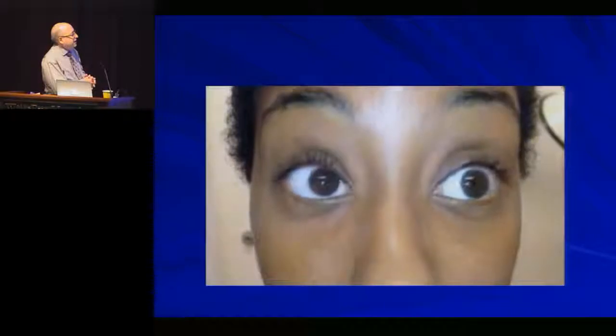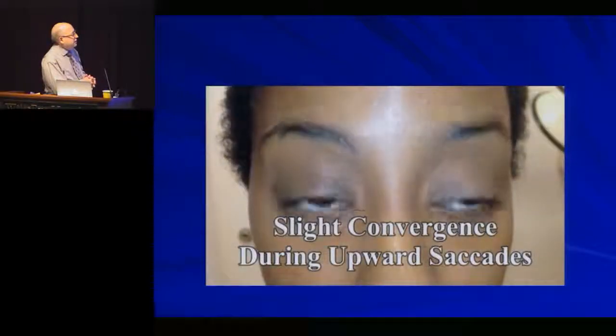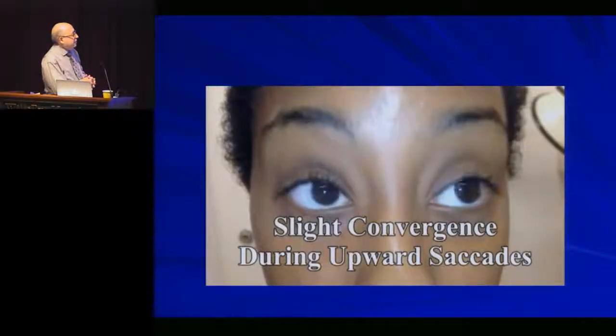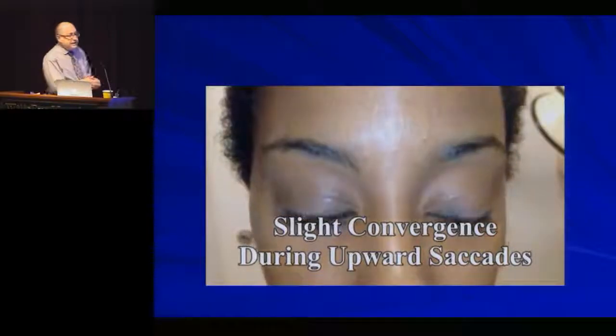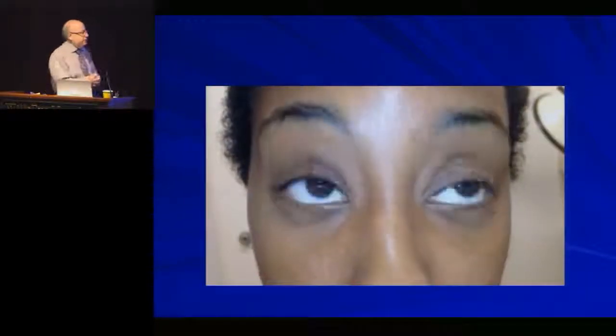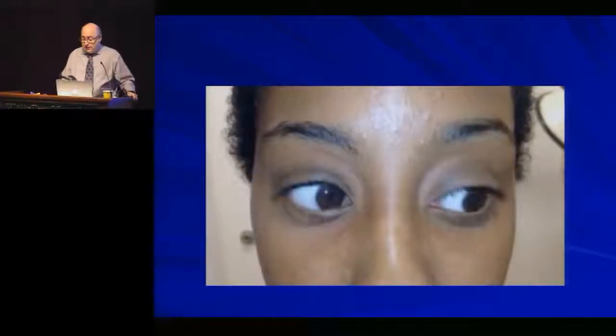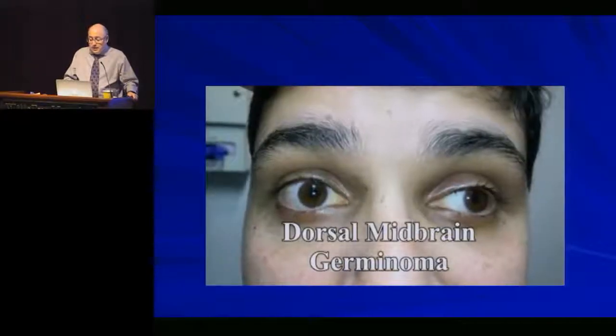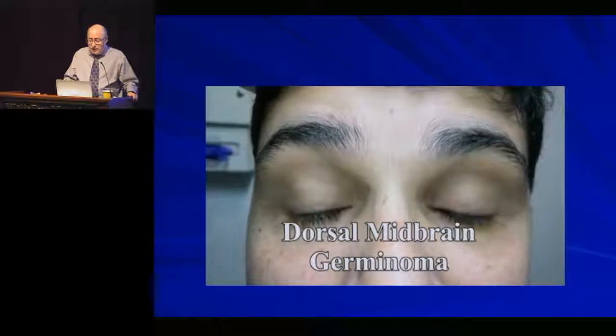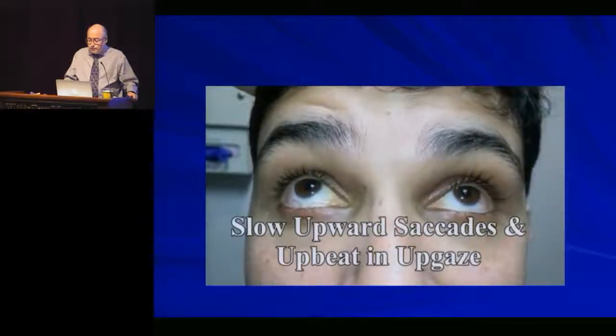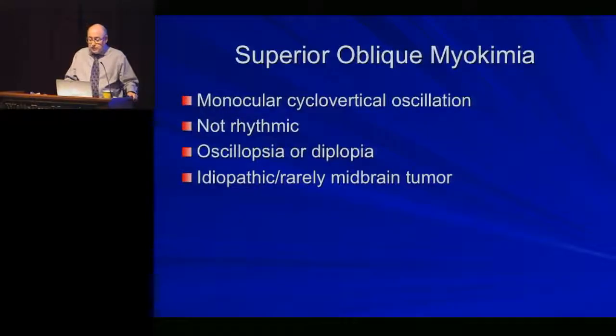Each time she tries to look up, the eyes converge. So it's not truly a nystagmus, but it's called convergence retraction nystagmus. It's a sign of dorsal midbrain disease. And she has a germinoma, patient of Dan Gold's.